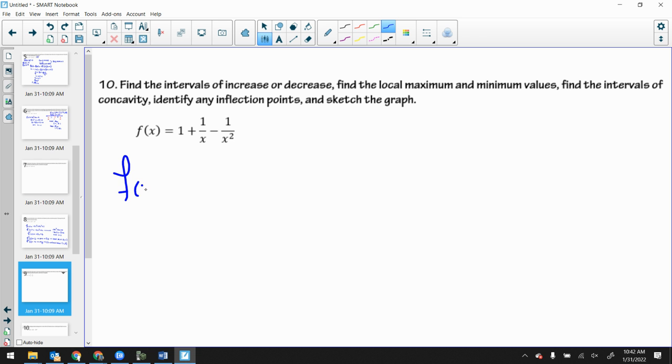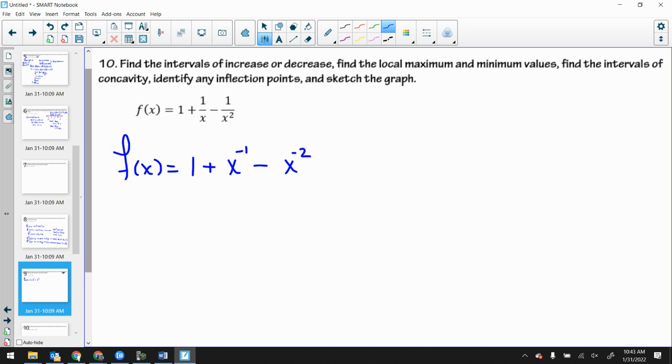Okay, so f of x is equal to 1 plus x to the negative 1 minus x to the negative 2. Because it's so much easier to find the derivatives when we treat it like that. If you didn't figure that out, then it's like, oh, what the heck do we do? Right? All right, so that means f prime of x is going to be equal to, okay, the 1 goes away, so negative 1 x to the negative 2.